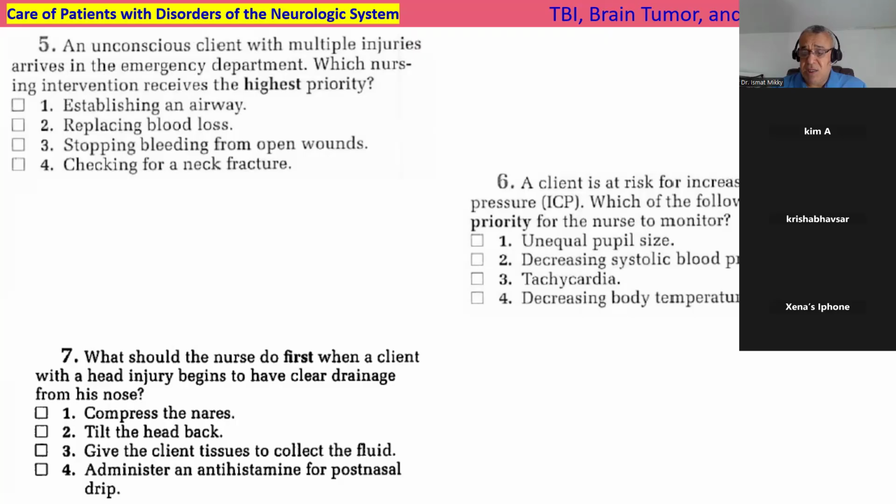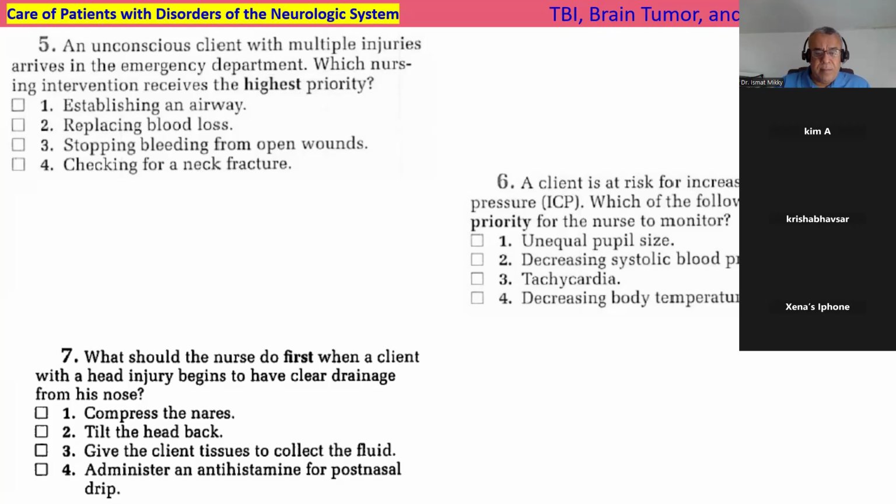The highest priority for a client with multiple injuries is to establish an open airway for effective ventilation and oxygenation. Unless the client has a patent airway, all other care measures are obsolete, they don't have any importance or significance.